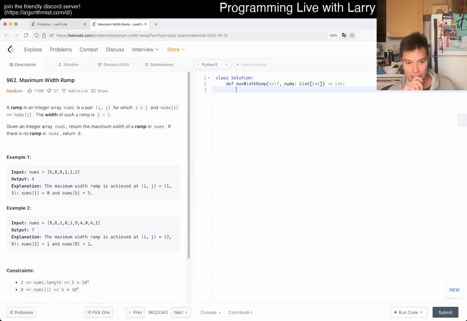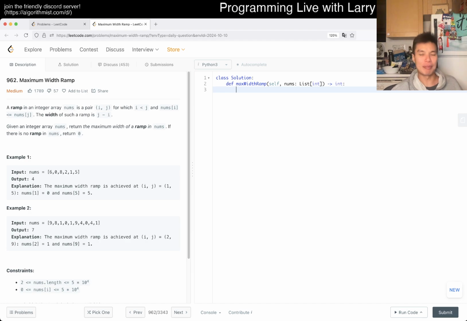But yeah, okay. So no segment tree. So for a given J, how can we get the best I? So the way that I want to think about it, and again, I don't know how to do it yet, is coming up with a structure to answer queries.